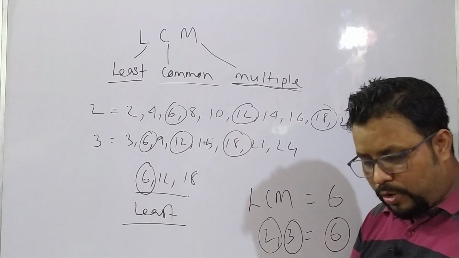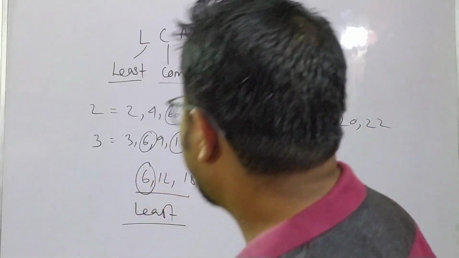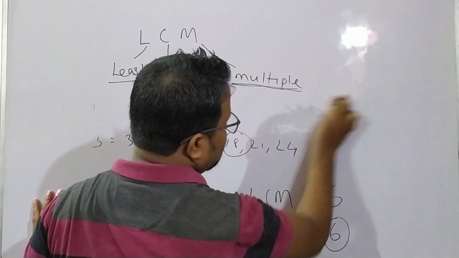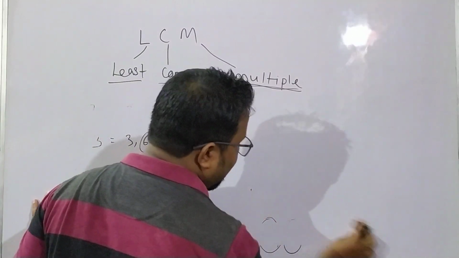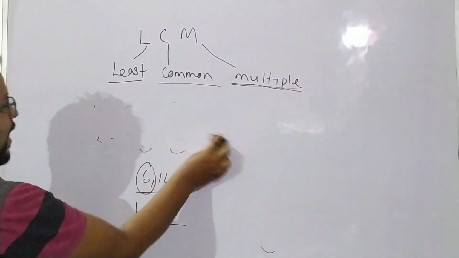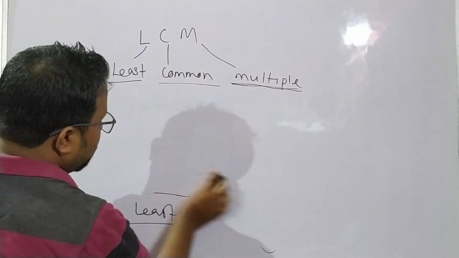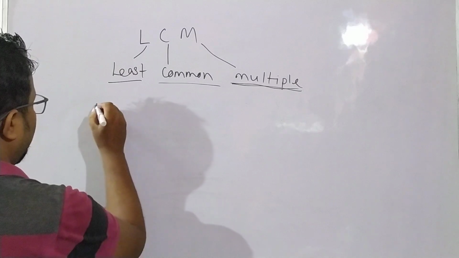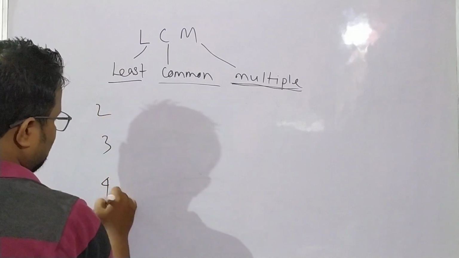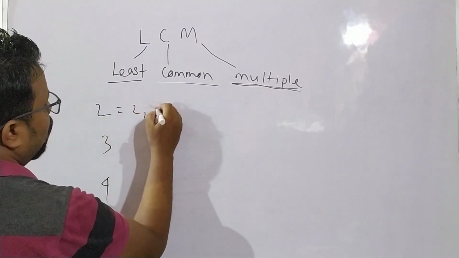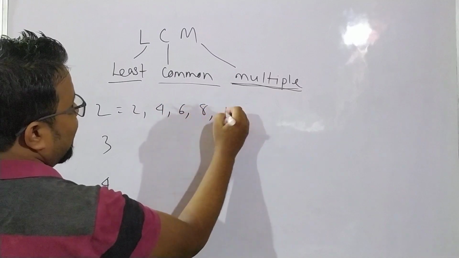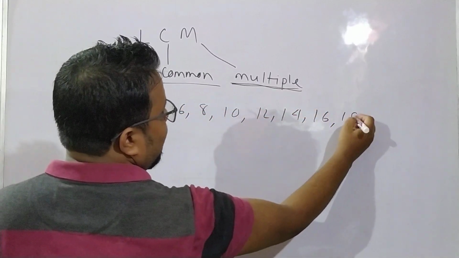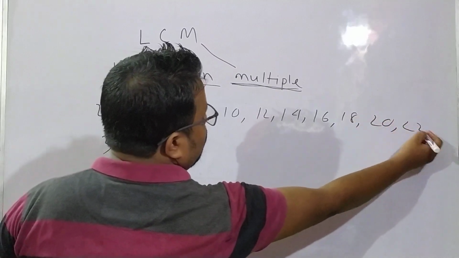Again I am taking one more example. This time I am taking 2, 3 and 4. Find the LCM of 2, 3 and 4. Same process. Multiples of 2: 2, 4, 6, 8, 10, 12, 14, 16, 18, 20, 22, like this.